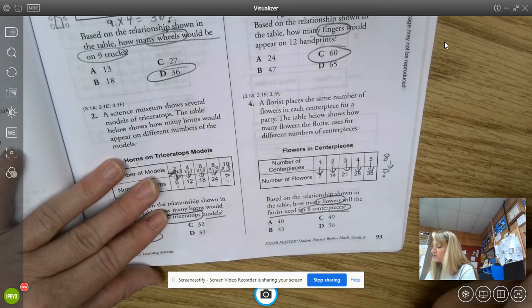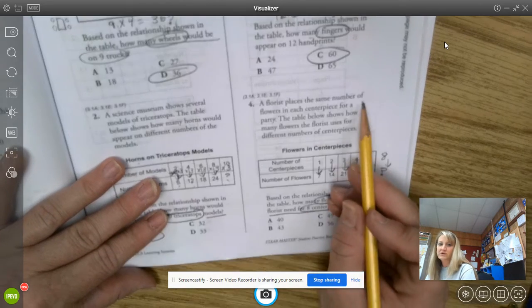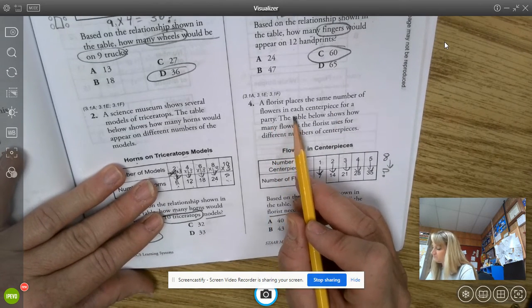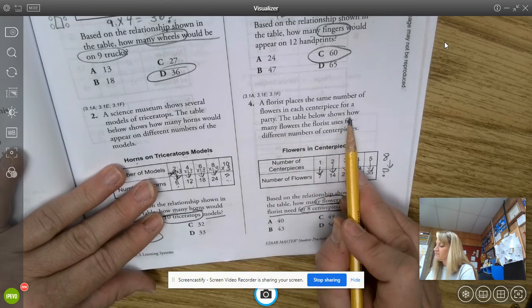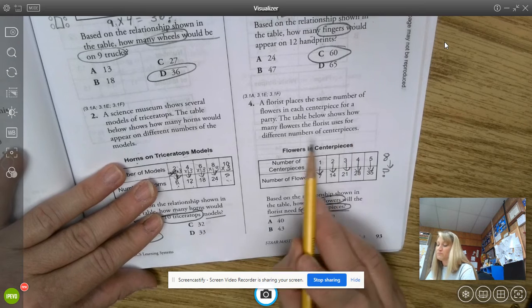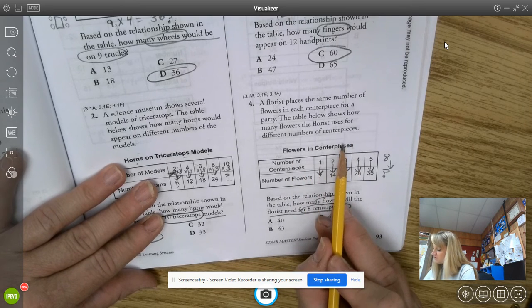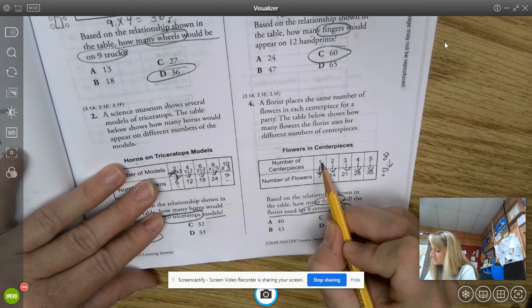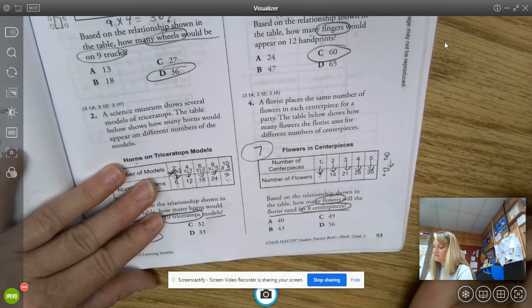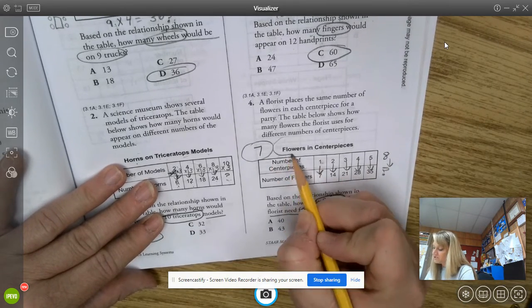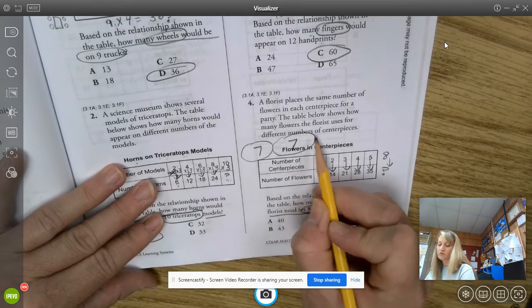A florist places the same number of flowers in each centerpiece for a party, and the table below shows how many flowers the florist uses for different numbers of centerpieces. So what are we doing? If I have 1 centerpiece, there's 7 flowers in it. And then another centerpiece, 7 more. So that's a total of 14.